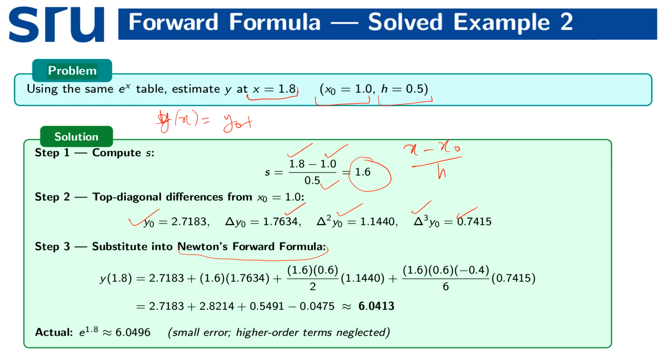So the formula is y x equal to y naught plus s times delta y naught plus s into s minus 1 upon 2 factorial into delta square y naught plus s into s minus 1 into s minus 2 upon 3 factorial, that is delta cube y naught plus dot dot dot, it will be continued like that only.